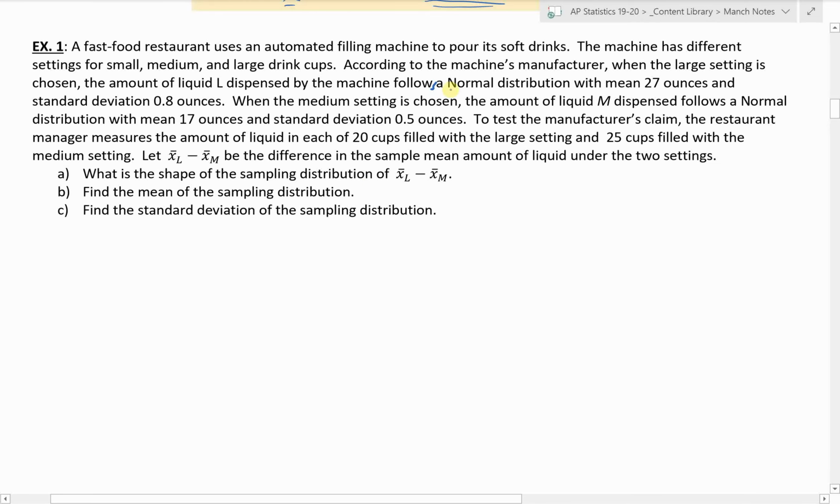Look here, it tells us that large has a normal distribution and medium also has a normal distribution.